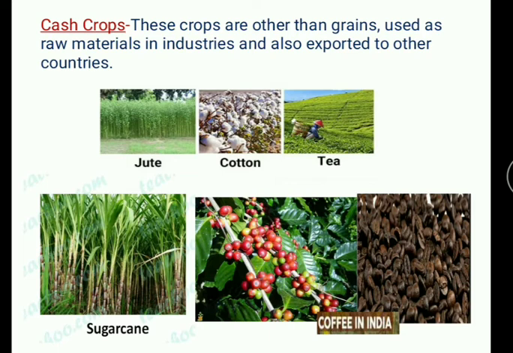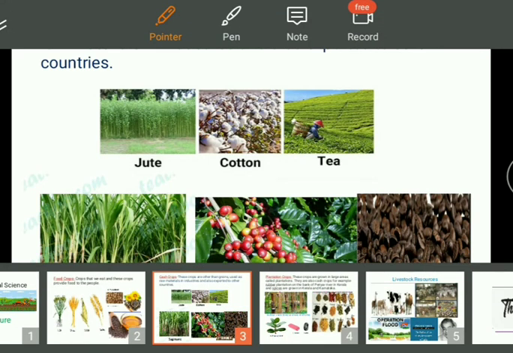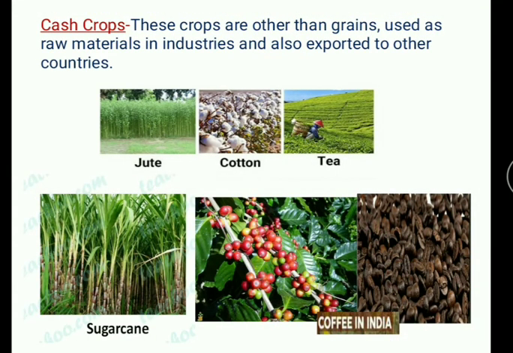If I take them one by one, I'll start with sugarcane. India figures as a leading producer of sugarcane and cotton. Sugarcane grows in well-drained fertile soil.